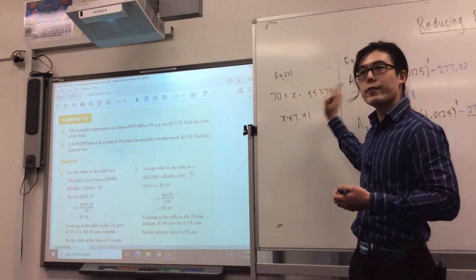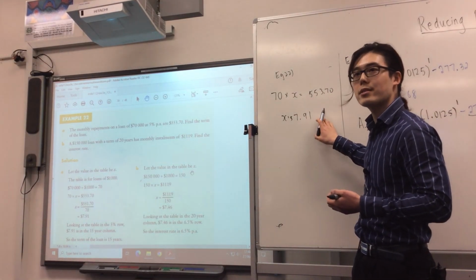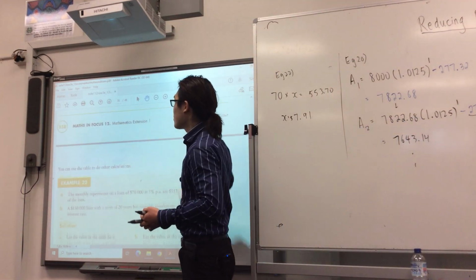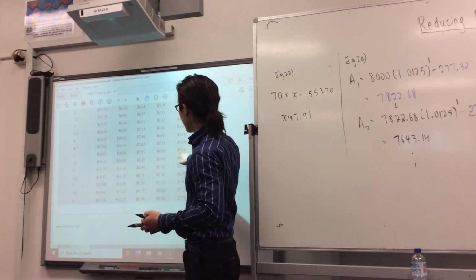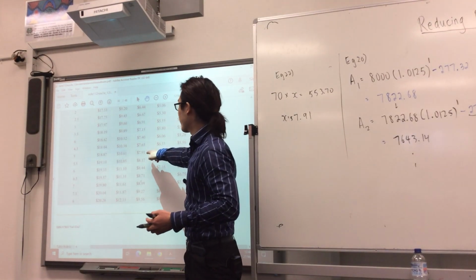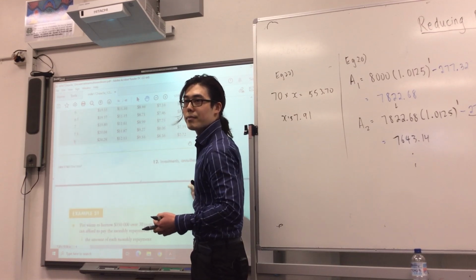Girls, if you figure this out, you'll get $7.91. How would I find the number of terms based off that? From the table, you look for $7.91. $7.91 is right there. The number of terms, if you go up, is 15 years.